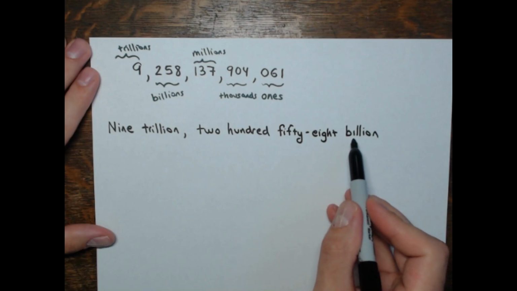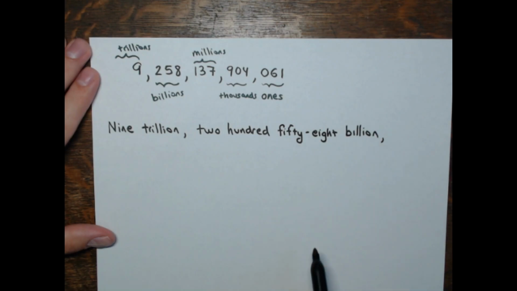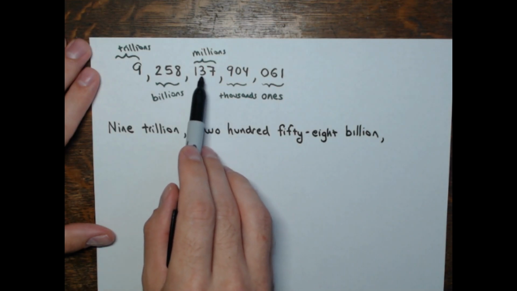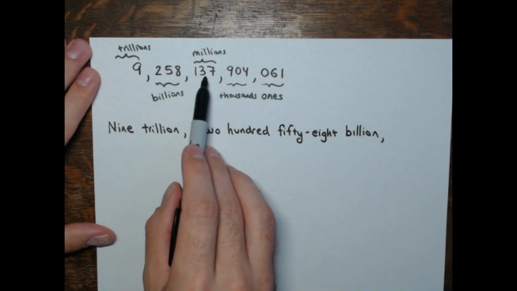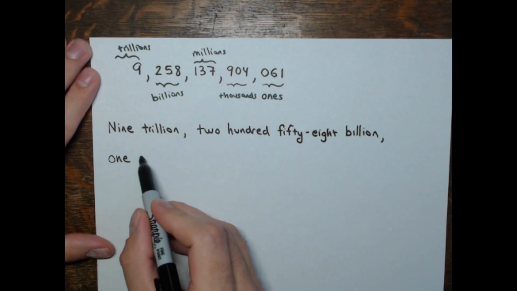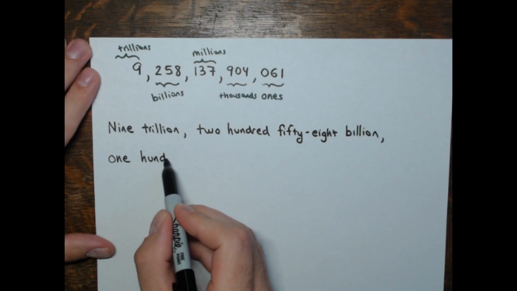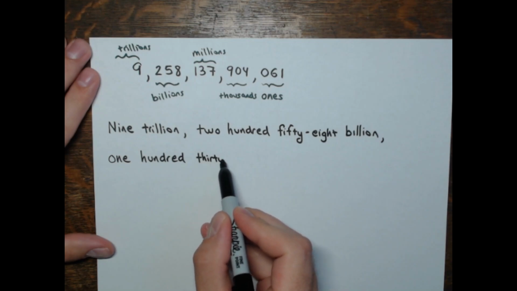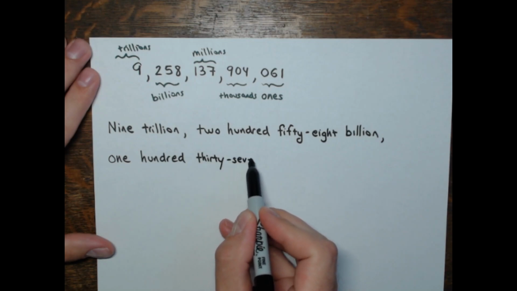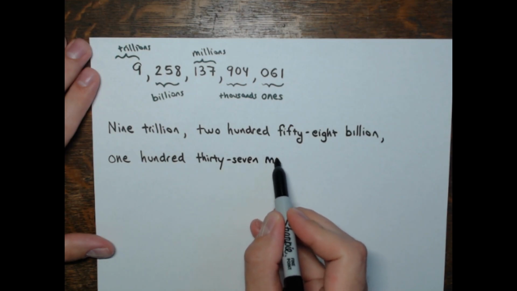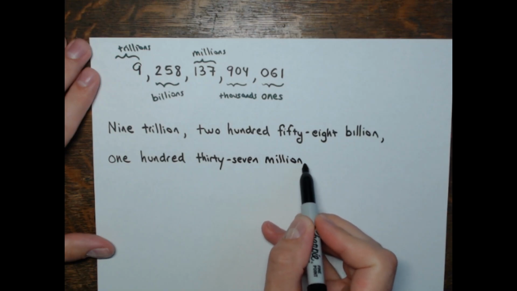258-billion, comma. Next period, 137-million, comma.